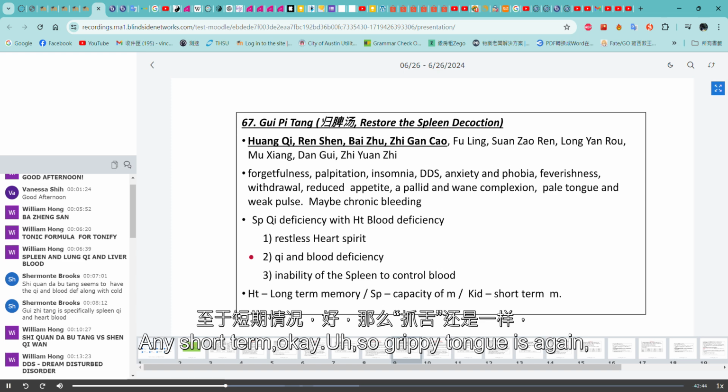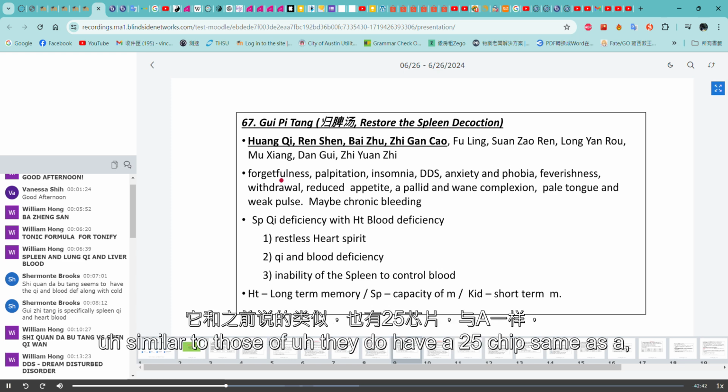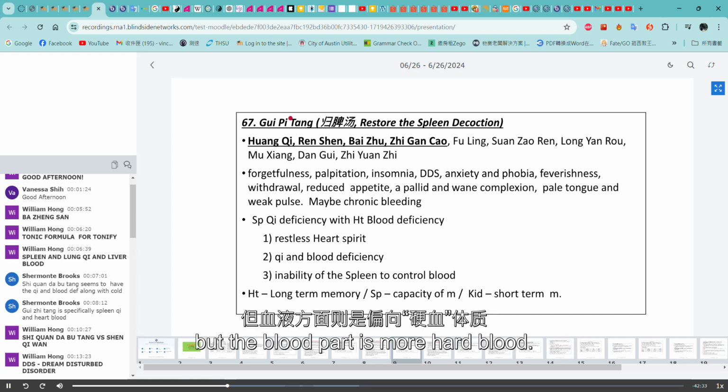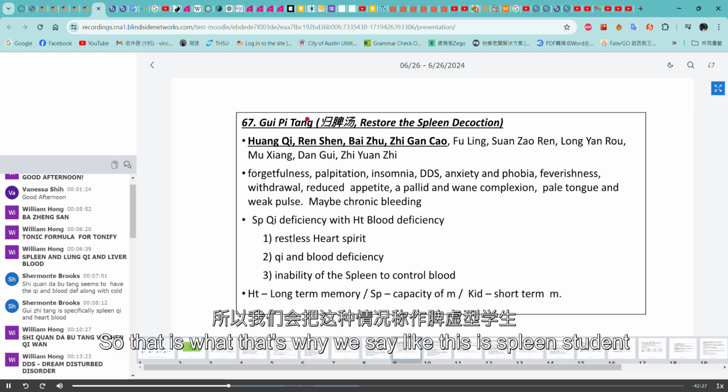Okay. So Guipitang is again similar to Bajentang. They do have the same Qi herbs as Sijunzitang, right? But the blood part is more heart blood.